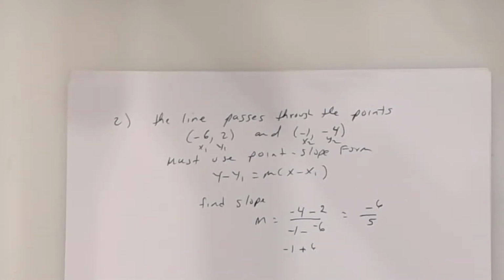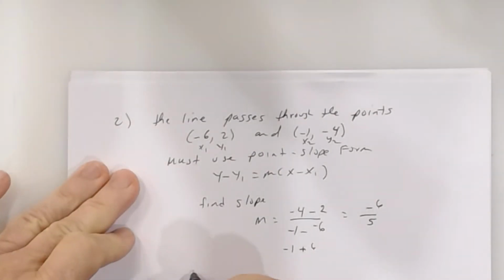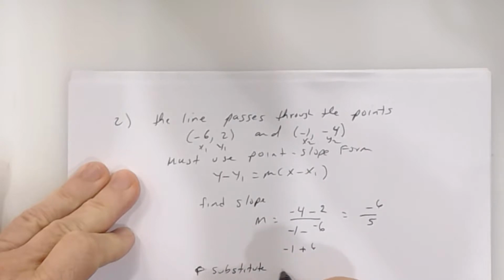All right, so then I take that slope and one of the points and I plug it into the formula. So which point do you want to use? I'm not going to do both of them this time. I'm just going to use one. You tell me which one you want to use. The first one? All right. So now we're going to substitute into the formula.